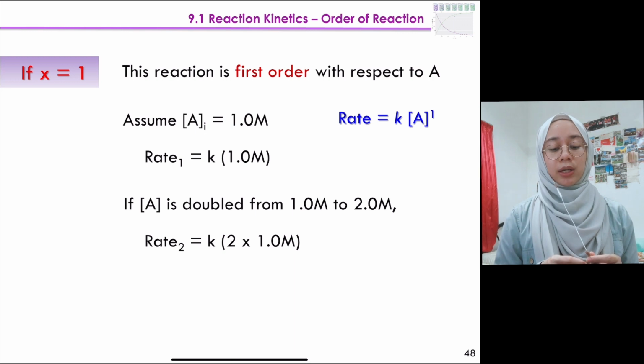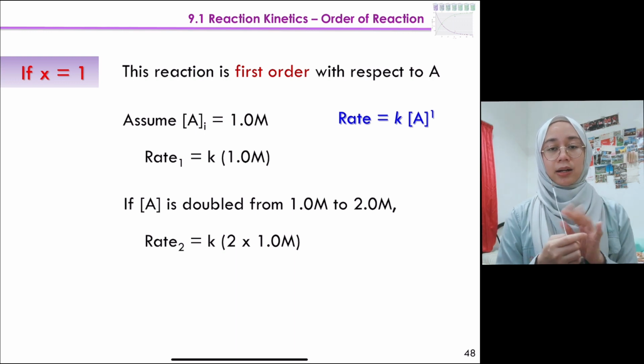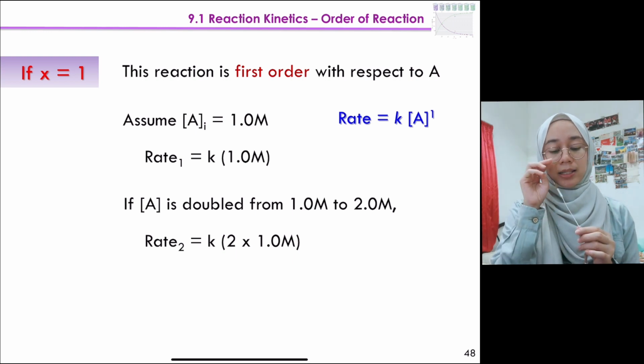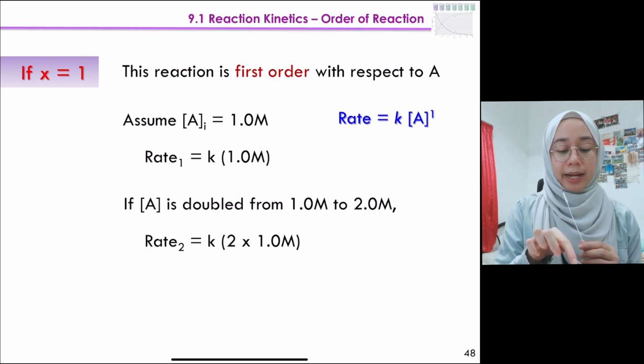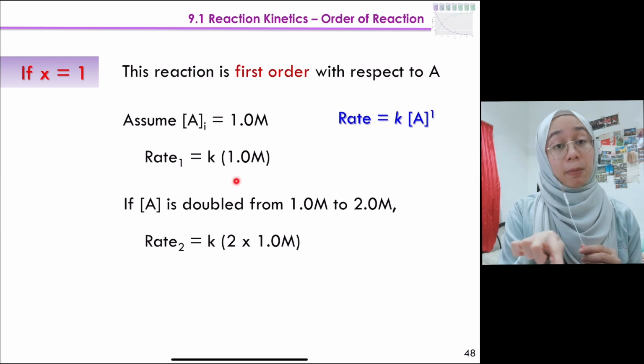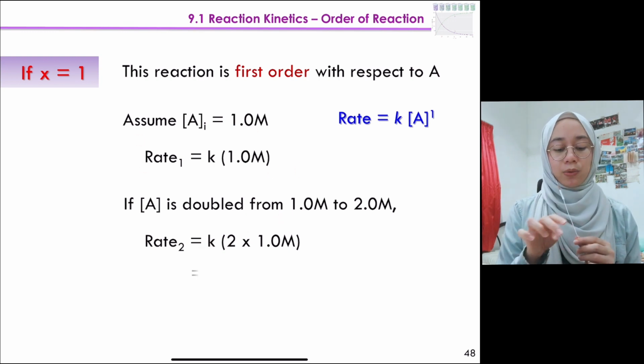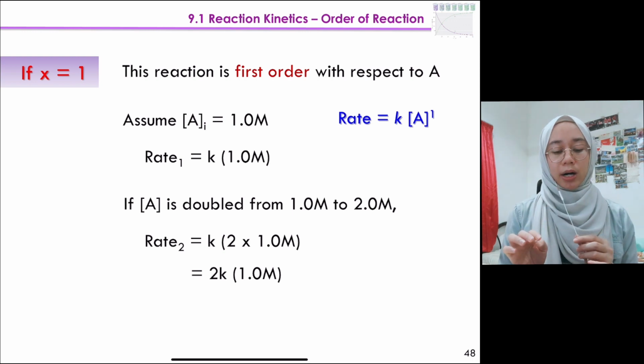Rate 2 is equals to k times with 2 times 1 molar. So Miss asingkanlah 2 molar tu supaya dia jadi 2 darab 1 molar. Okay, sebab Miss nak bawa keluar 2 tu, supaya Miss boleh kaitkan antara kita punya rate yang baru ni dengan rate yang lama yang kita ada initially.